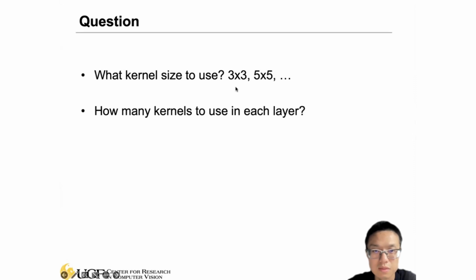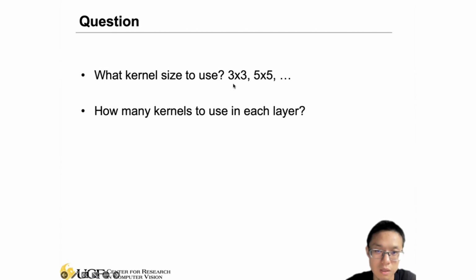So in practice, we don't have a specific answer on which kernel size you can use and how many kernels to use in each layer. This can be considered the engineering part. So based on the performance, you can tune these hyperparameters.